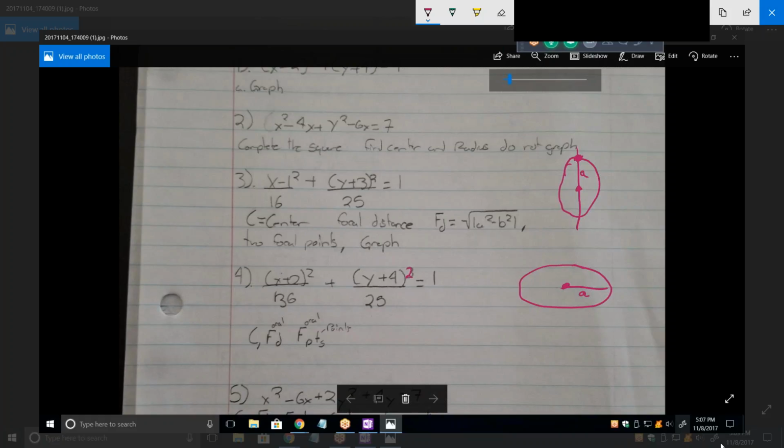Let's go back. The general formula for an ellipse is what? In other words, if you don't know the answer to this, you always have to start there. Isn't it x minus k squared plus y minus h? No. h always goes with x, k always goes with y.